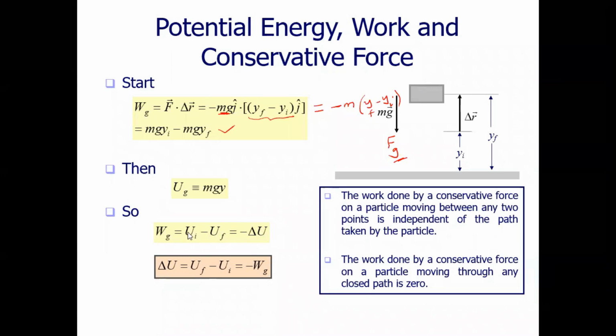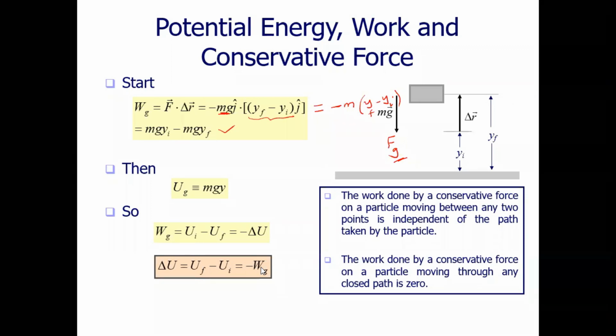So here we have found a relationship between the work and the potential energy. It means that the change in the potential energy is just equal to the minus of the work that is done by a force. The change in potential energy is basically equal to the negative of the work that is done by that force.